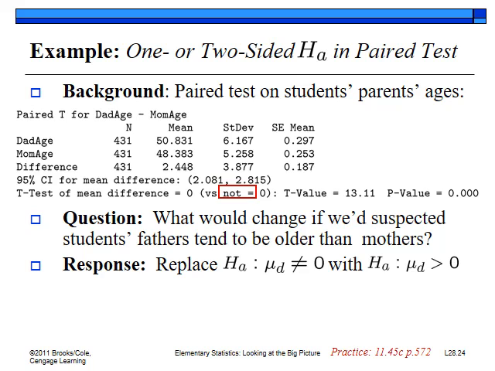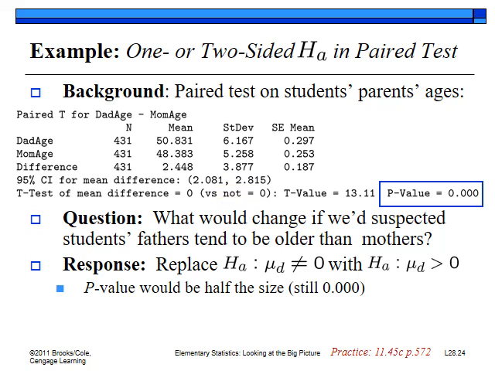Instead of is not equal to, we would use a greater than. Of course, the one-tailed or one-sided alternate hypothesis results in a p-value that's half as big as the two-sided. Half of that value that's approximately 0 is still approximately 0. Would we still conclude that fathers in general are older? Absolutely.